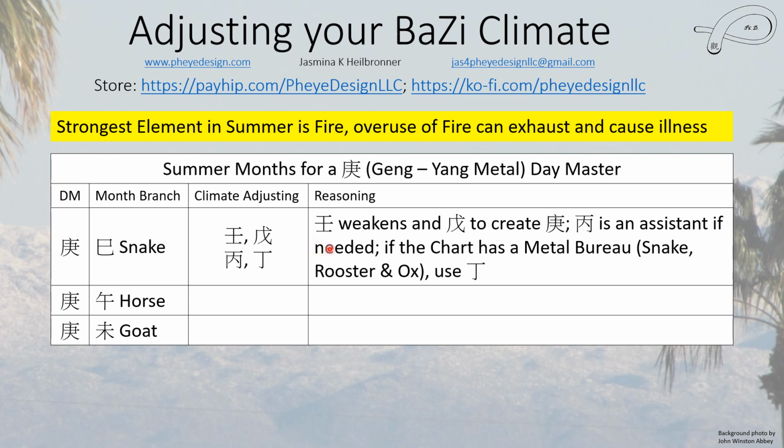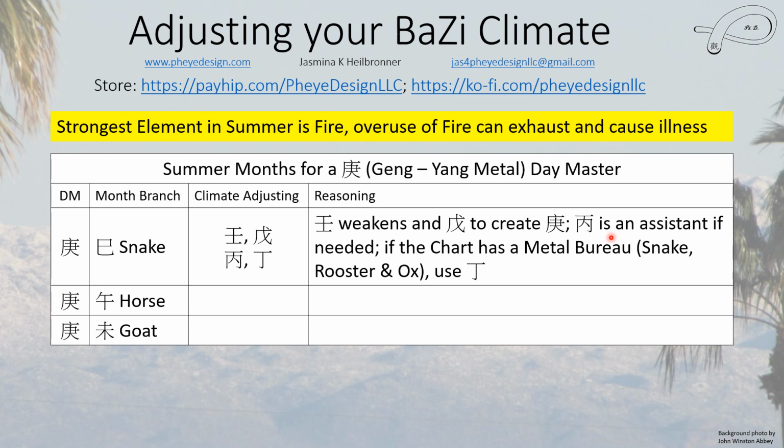You're going to use water. This is Ren, which represents a lake or a body of water. It weakens the fire, but you also need the earth that will create the metal. So this is a balancing act, of course. And fire is an assistant if it's needed. It depends on what you have in your chart.